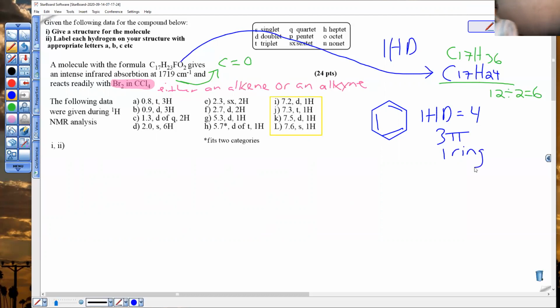So we've got it narrowed down to carbonyl for IHD of 1, alkene for IHD of 1, and benzene IHD of 4, the total is 6. We cannot have an alkyne. That would have an IHD of 7 with all this data we have going on here. That's good news.